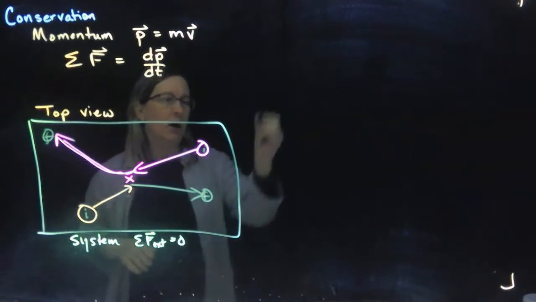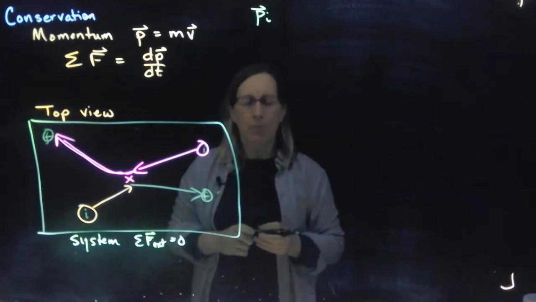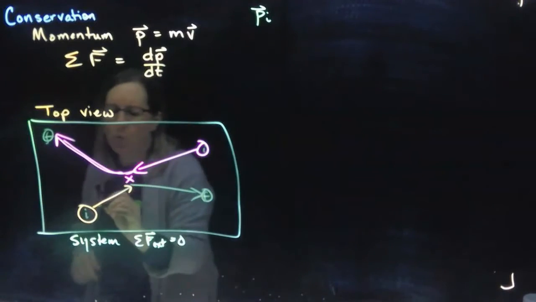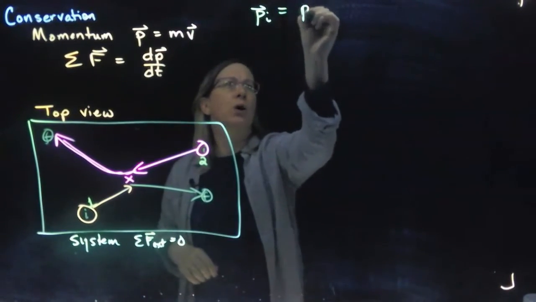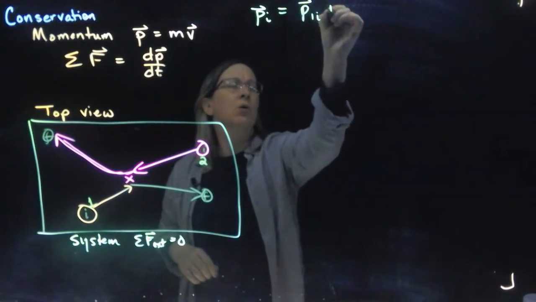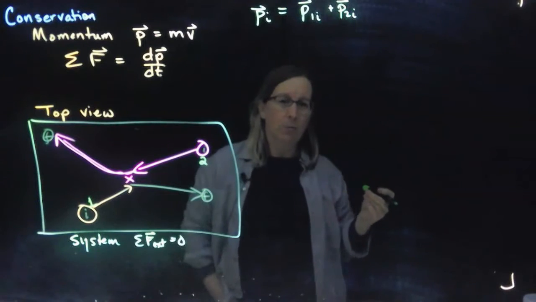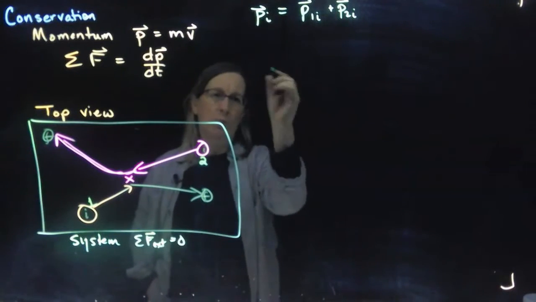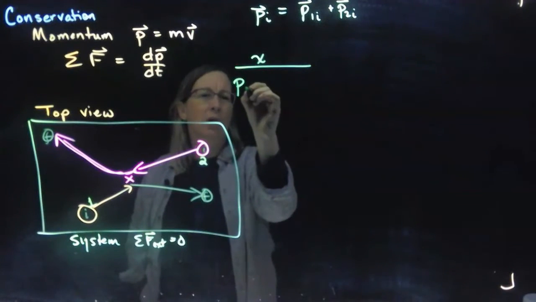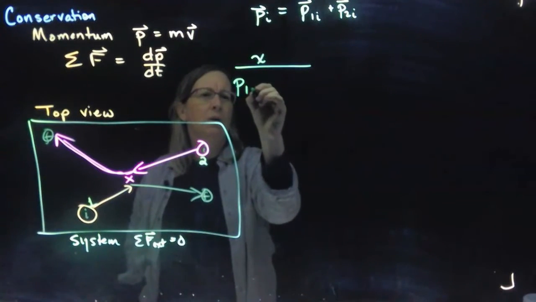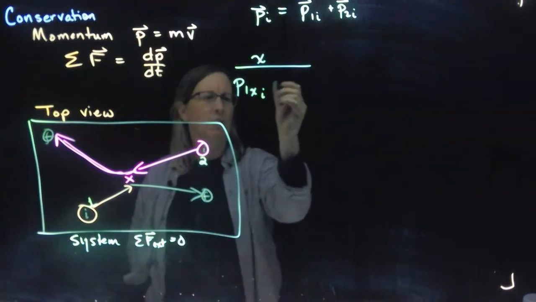So we can talk about initial momentum as having momentum for particle 1. Let's say this is particle 1 and this is particle 2. The total is equal to particle 1 initially plus particle 2 initially. They have x and y components, so we break these into components. The x component would be initial momentum, m times v of 1 in the x to start with. There are a crazy number of subscripts here.